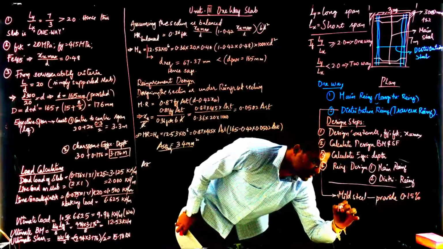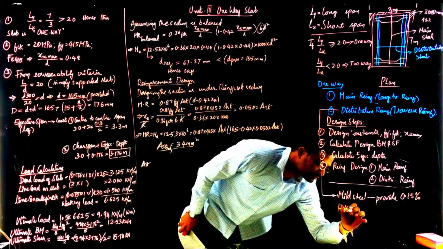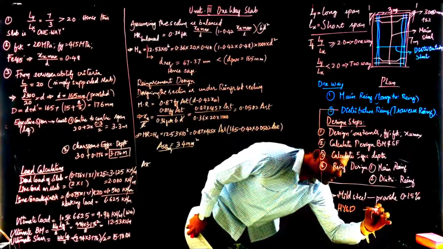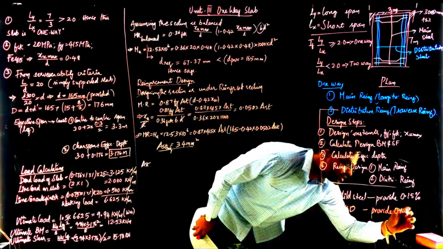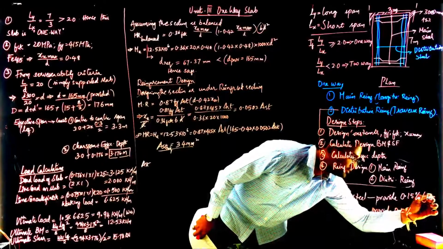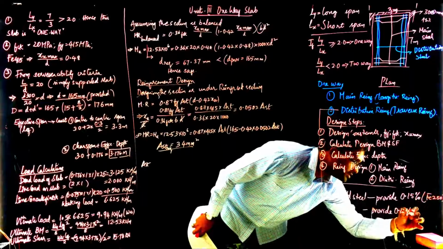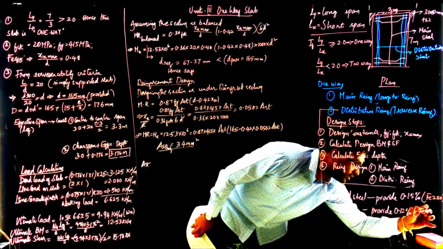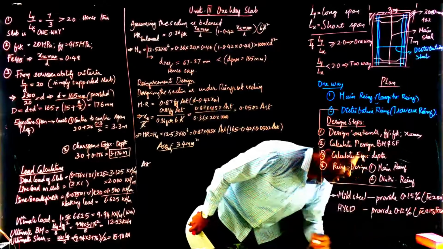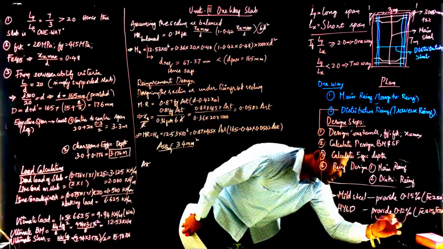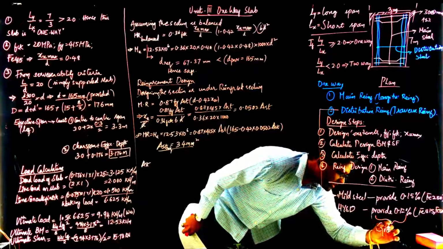If you are using HYSD, you have to provide 0.12%. So this is for Fe250, and this is for Fe415 and Fe500, and this is against the gross area.